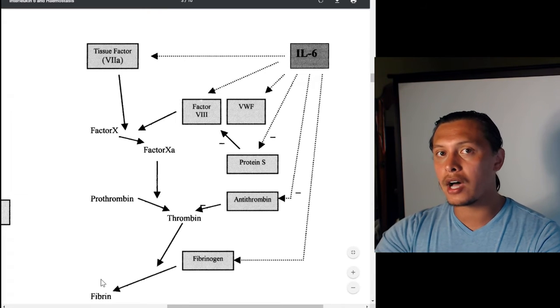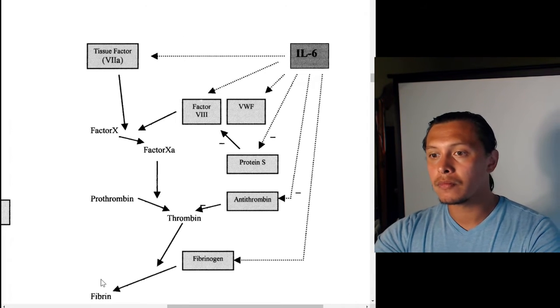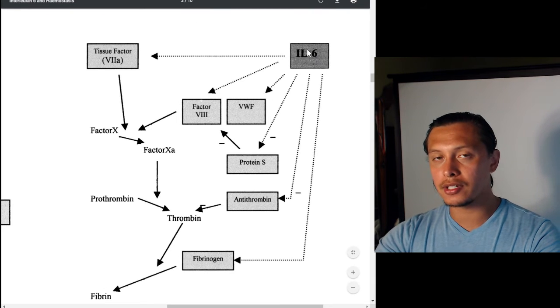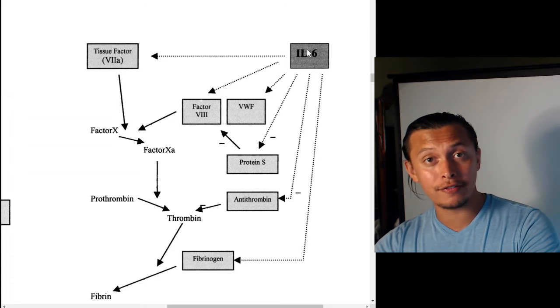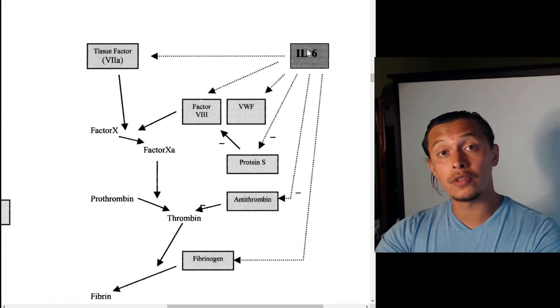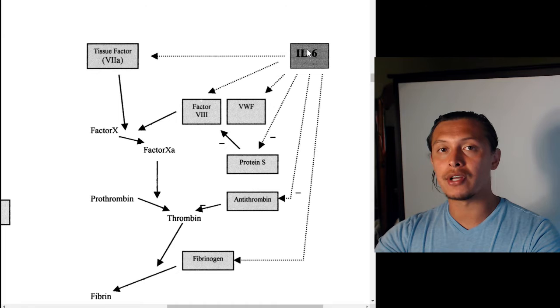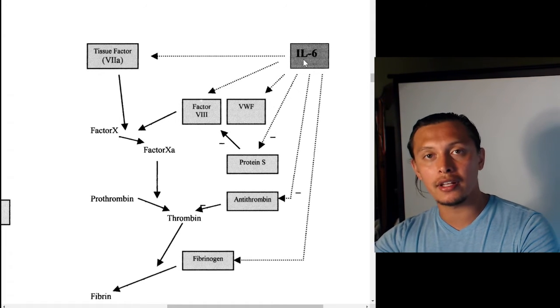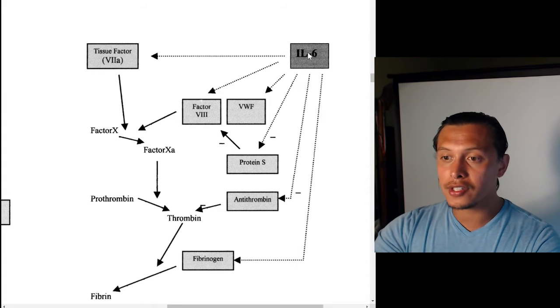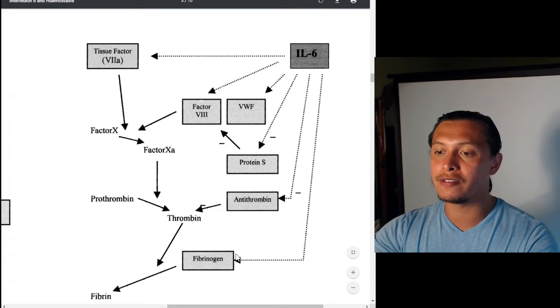Now, what does iron do? Well, iron will upregulate interleukin 6. It also will upregulate transferrin and ferritin. So know that that's also what's going to be upregulated in the presence of iron. But in the presence of this non-bound iron, it's going to upregulate interleukin 6 and cause all this to happen, and also cause the production of more fibrinogen.